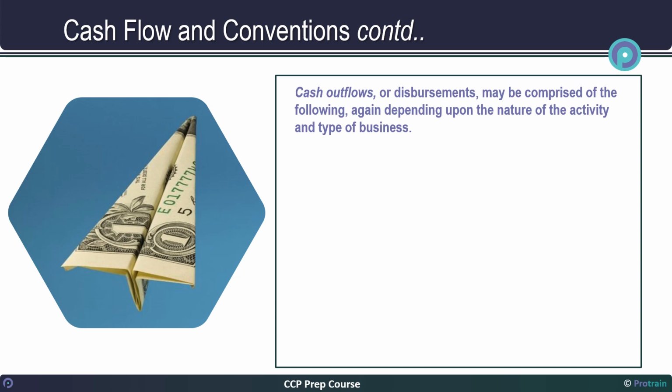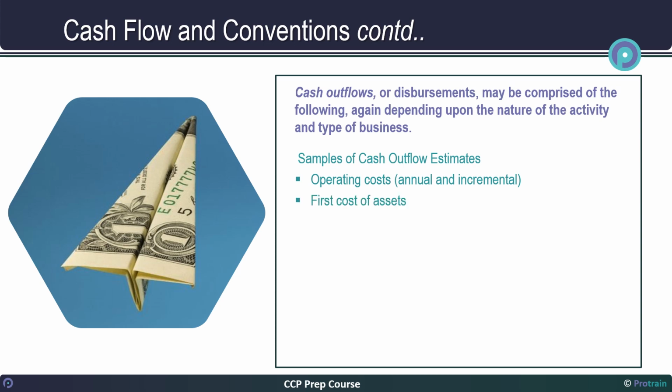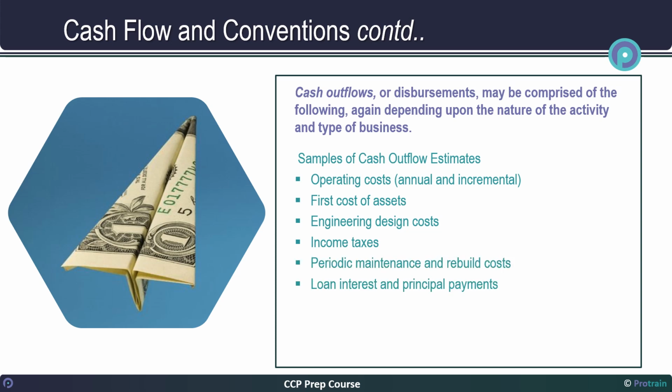Some of the cash outflow estimates examples are operating costs, annual and incremental, first cost of assets, engineering design costs, income taxes, periodic maintenance and rebuild costs, loan interest and principal payments, major expected/unexpected upgrade costs.